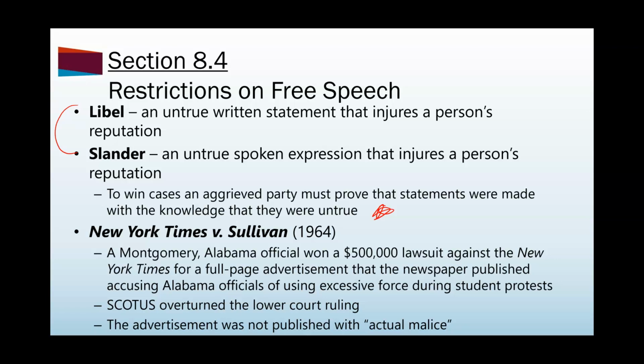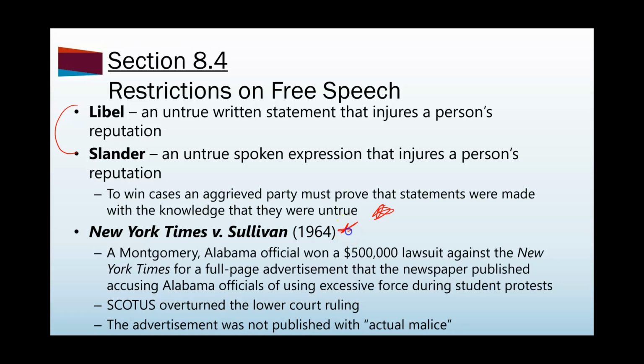For instance, if someone's reputation was hurt in a newspaper, but their job wasn't hurt or anything like that, it's very difficult to make that case, because you need to have something on paper that states, yeah, this did hurt my job, this hurt my reputation to get another job, and that's why it's considered libel or slander.